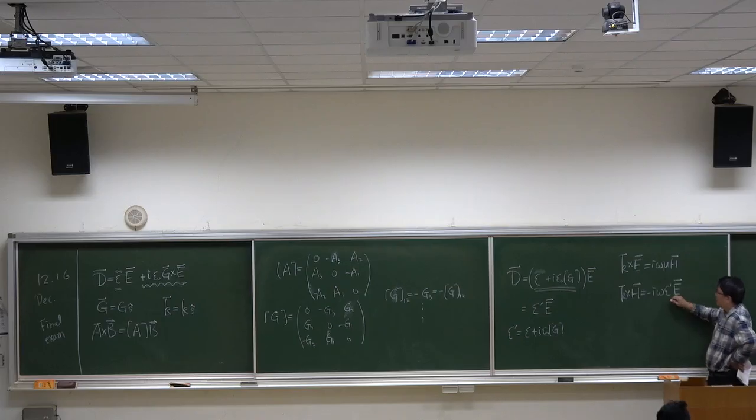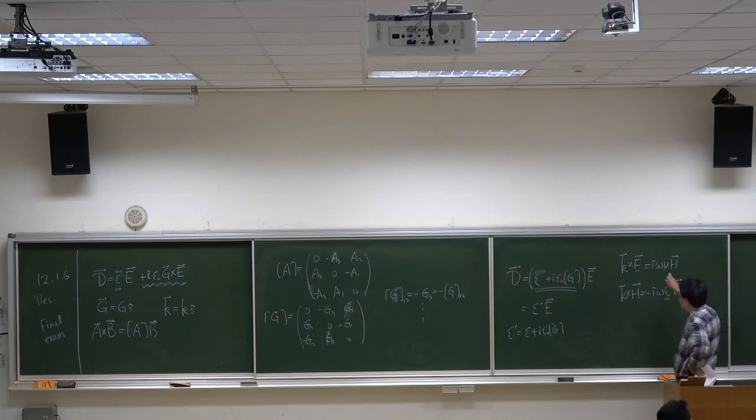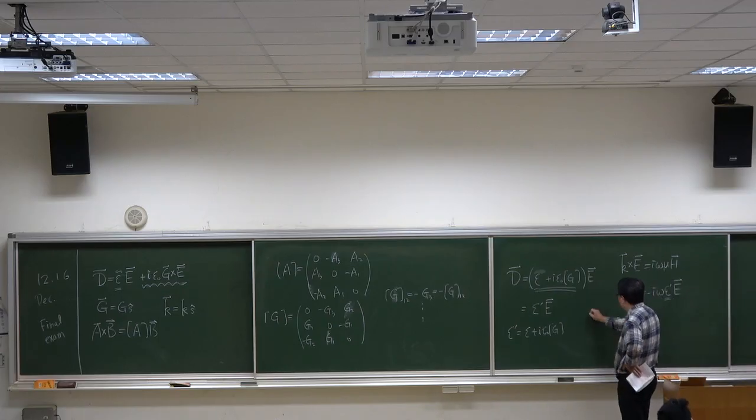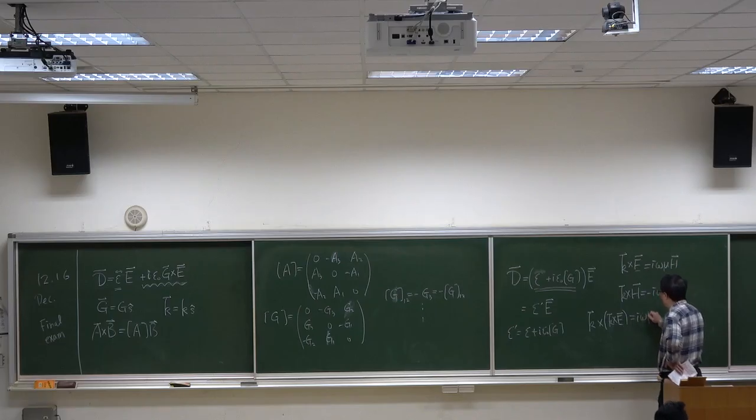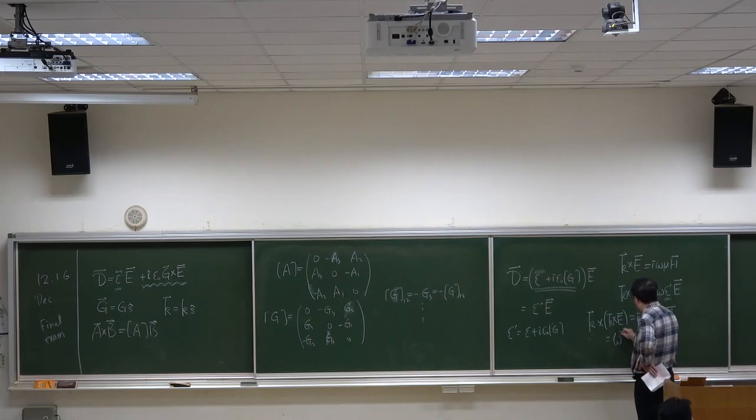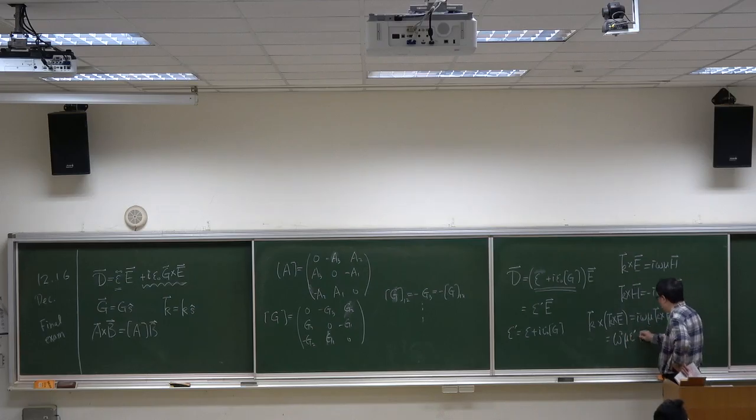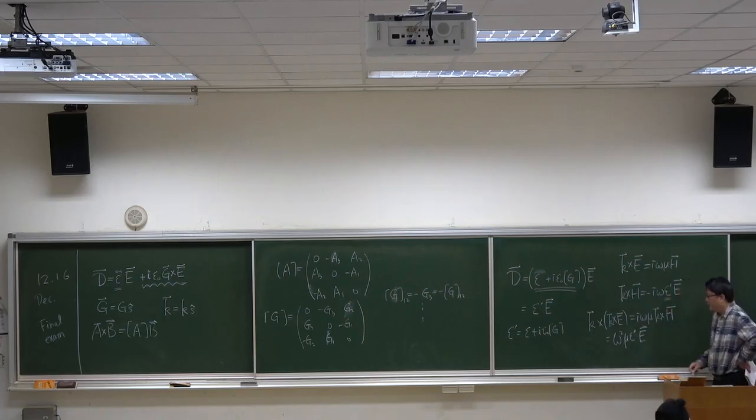Now we replace epsilon by epsilon prime. Okay? Then this tells us that K cross E is equal to I omega mu K cross H, and this is omega square mu epsilon prime times E. Okay?